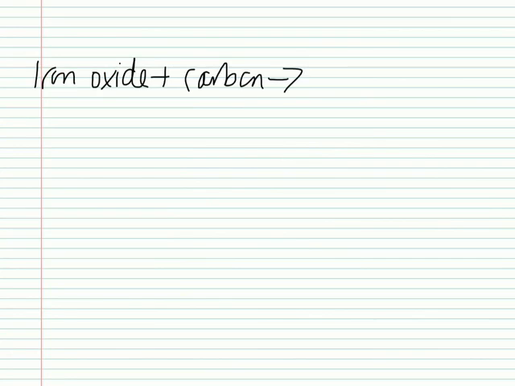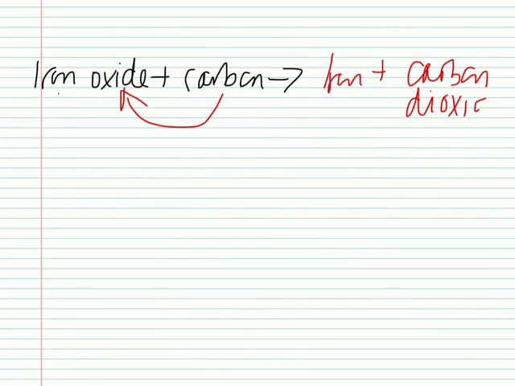This works because the carbon that is more reactive literally steals the oxide group from the iron that is less reactive. So iron oxide and carbon react together to make iron and carbon dioxide.